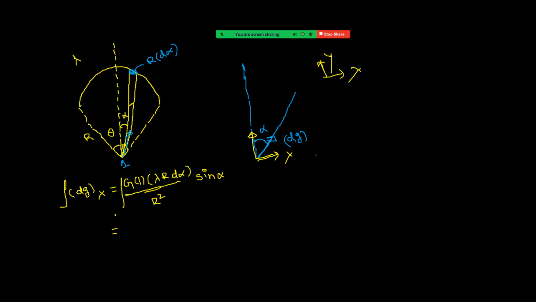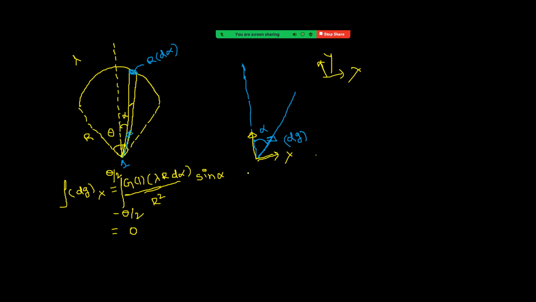And we take limits now minus theta by 2 to theta by 2. Okay. So cos of theta by 2 minus cos of minus theta by 2. That means this becomes 0.